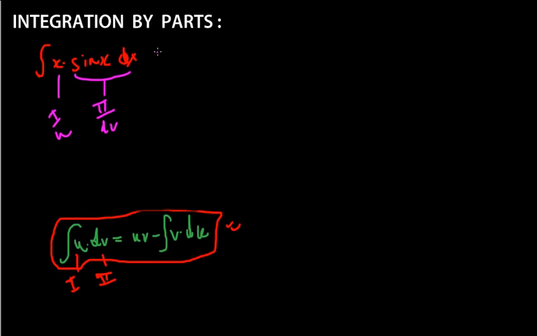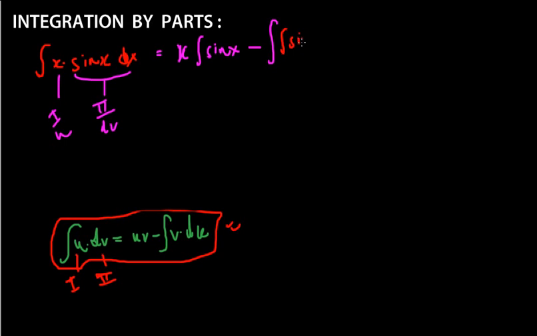So I'll just apply this formula. It tells me that u remains the same, that is x, times, I'll have to integrate, right? The integral of dv is v, so I'll have to integrate sine of x. And then it says I have to subtract the integral of v, and I'll have to differentiate u.